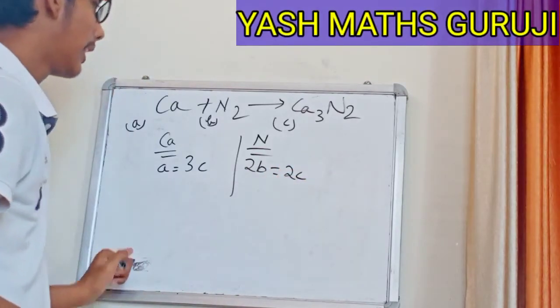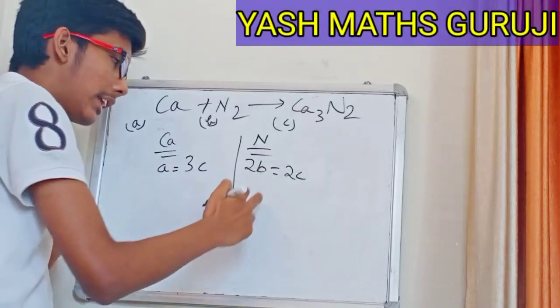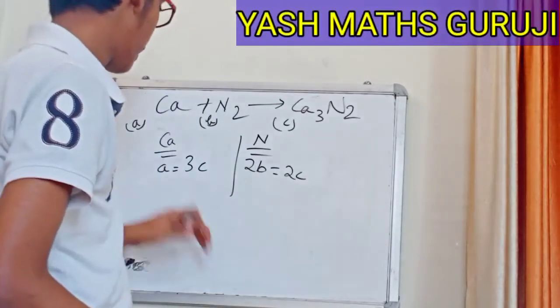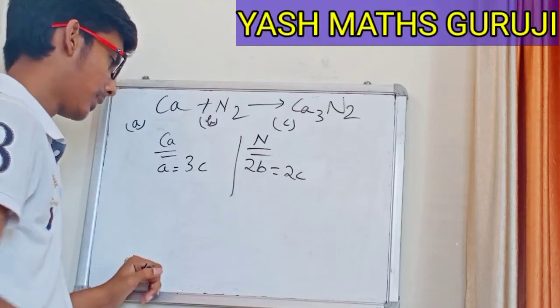So let's start balancing, and you can see here that N is balanced, then also we have to adjust it to balance C. So we have to take something as 1.